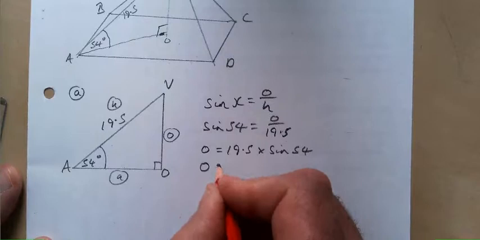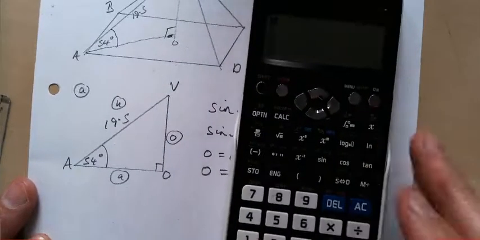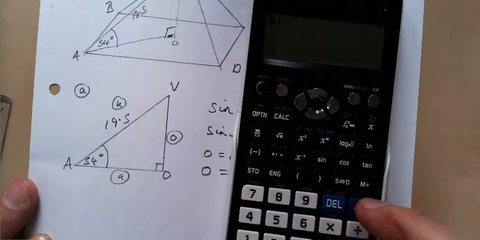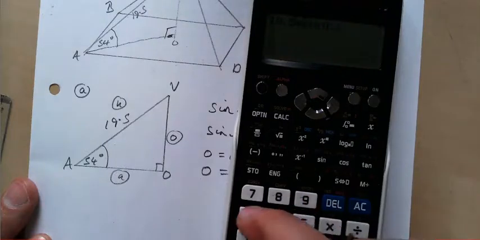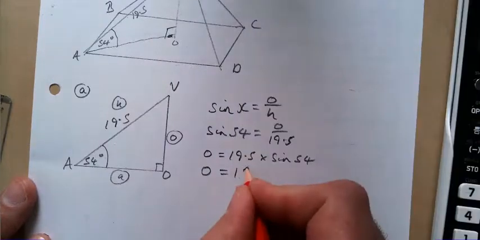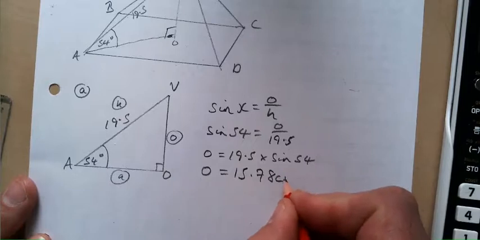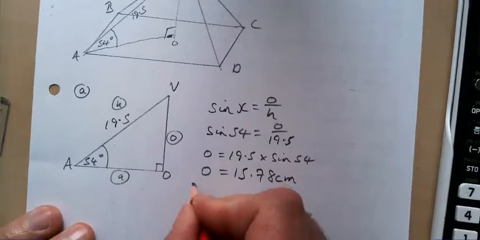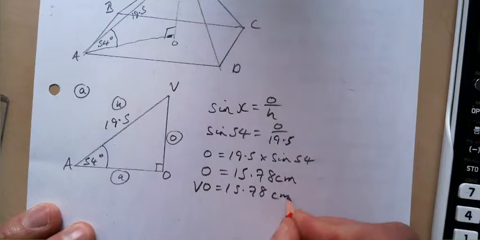O, which really is our VO, that's terribly labelled, and that's okay. So 19.5 multiplied by sine 54 equals 15.78. We're in centimeters. So VO is 15.78 centimeters.